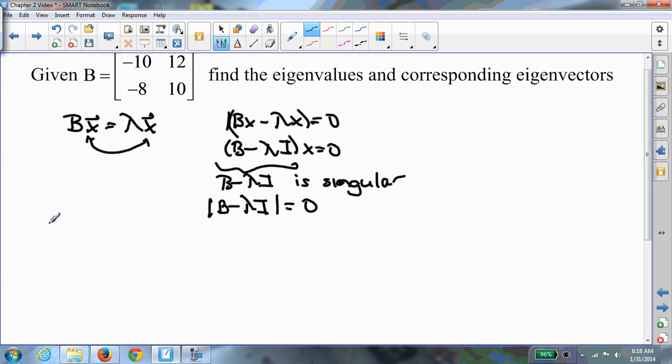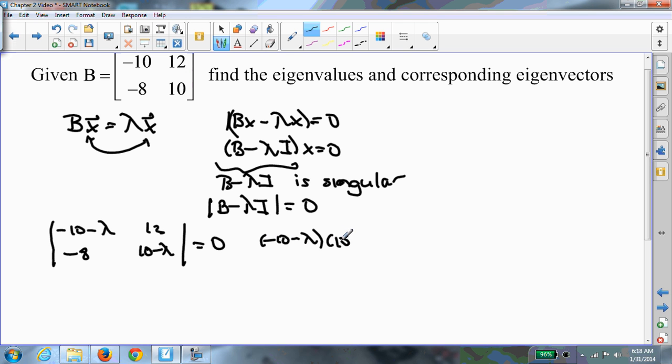So putting that all into place, basically what I want to do is make sure that the determinant of negative 10 minus lambda, 12, negative 8, and 10 minus lambda has a determinant of 0. Multiplying this out, I have negative 10 minus lambda, 10 minus lambda, plus 96 equals 0.